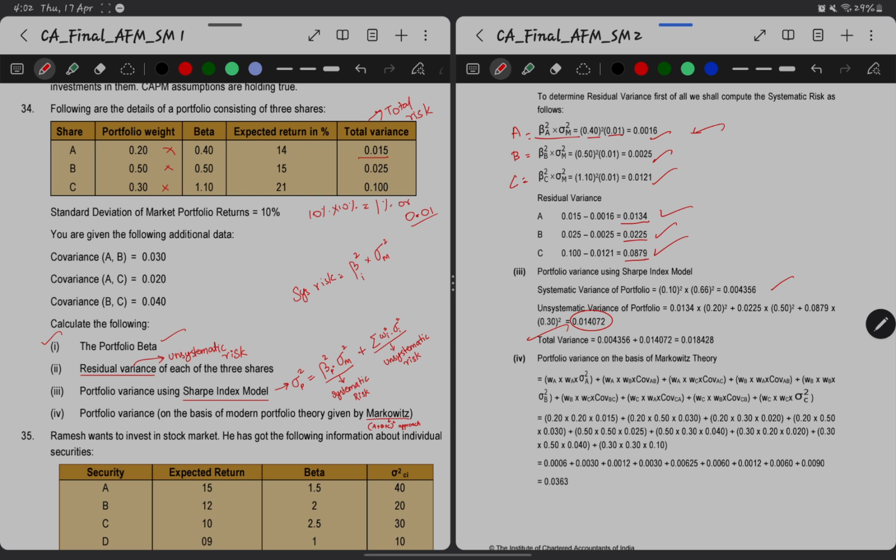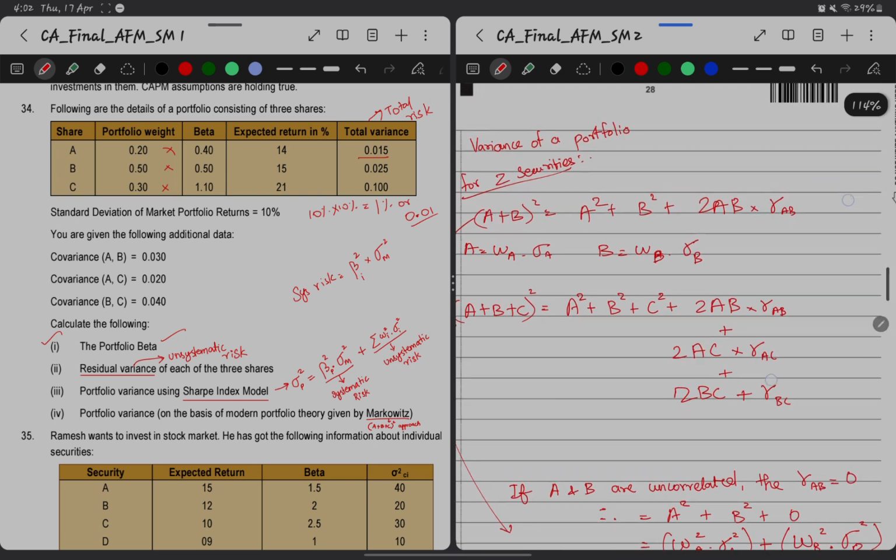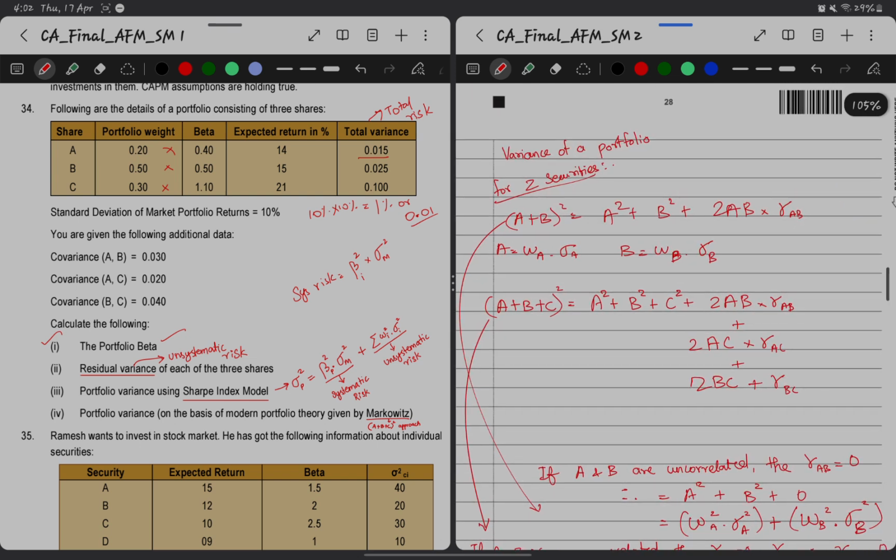Now I'll give a derivation of how this formula works. It will be useful. As we solved in previous problems, if you have seen my videos, we used this A plus B approach for finding out the variance of a portfolio. Now this variance can be systematic also, unsystematic also.